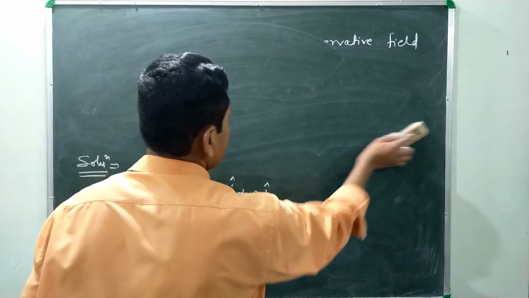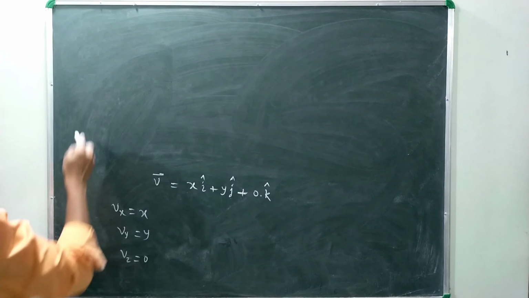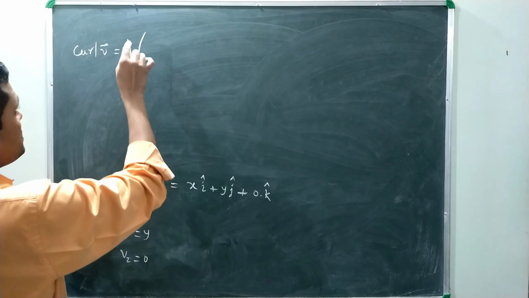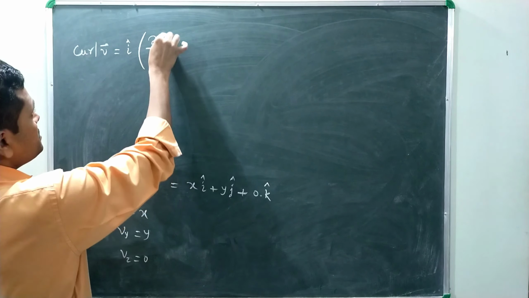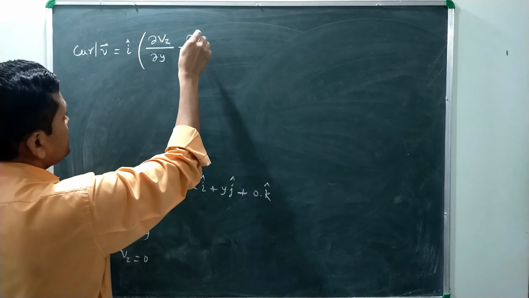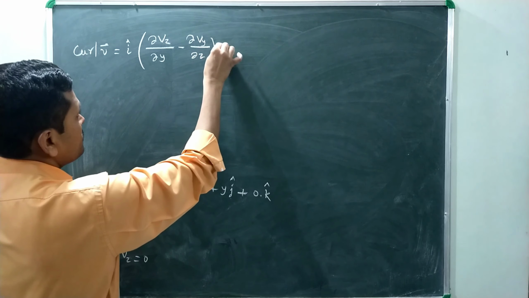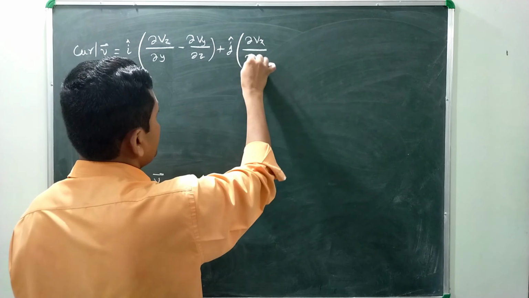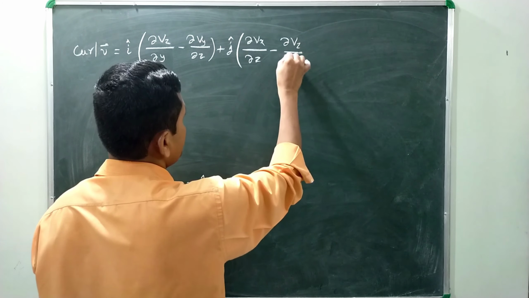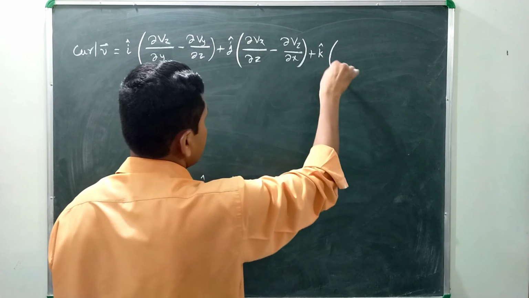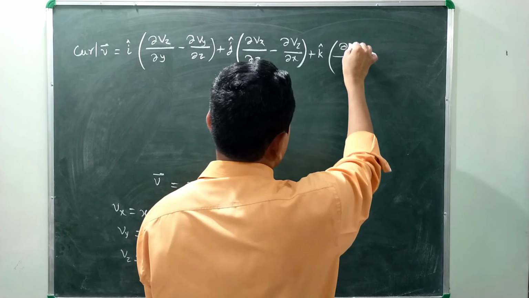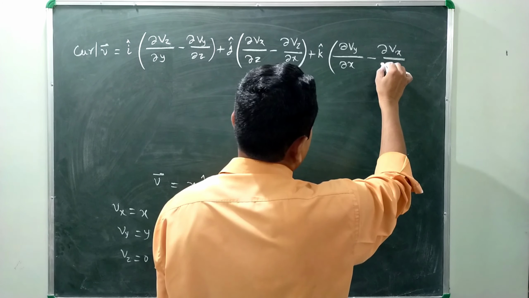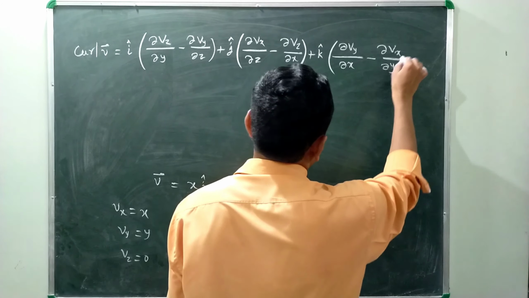Now let us try to evaluate curl of vector V. From the definition, it is i cap (dou Vz by dou y minus dou Vy by dou z) plus j cap (dou Vx by dou z minus dou Vz by dou x) plus k cap (dou Vy by dou x minus dou Vx by dou y).